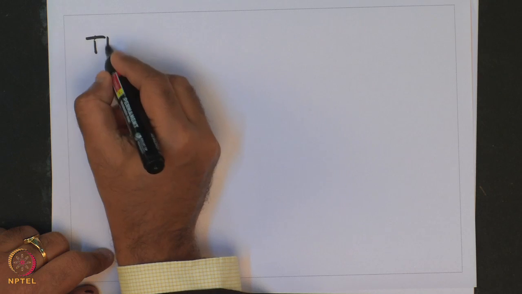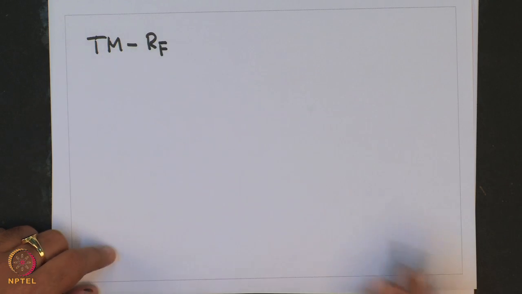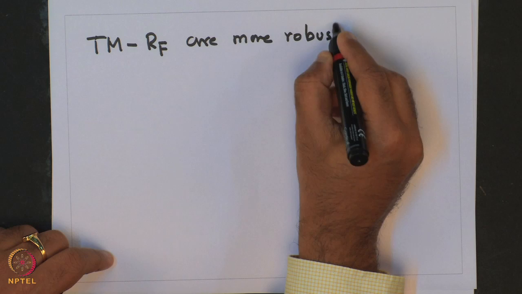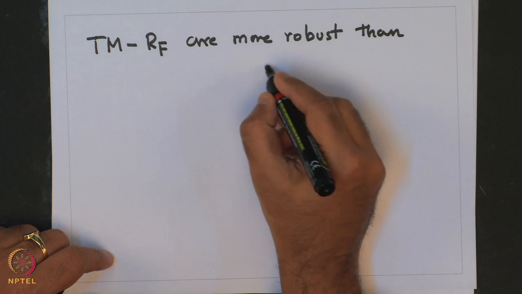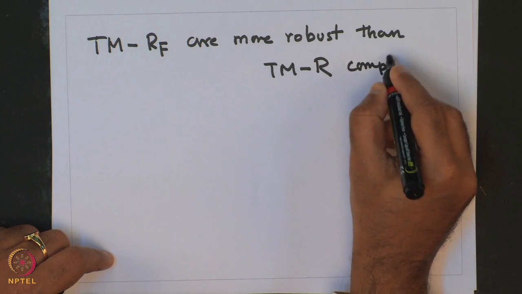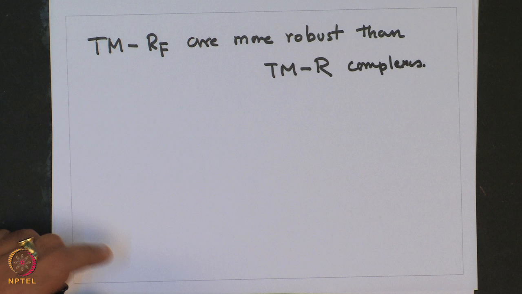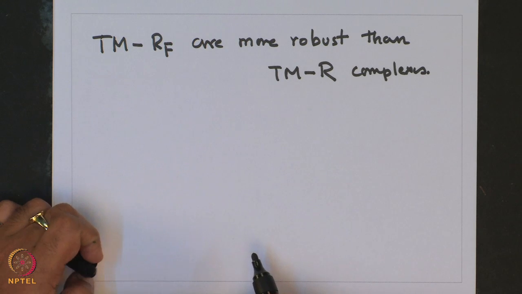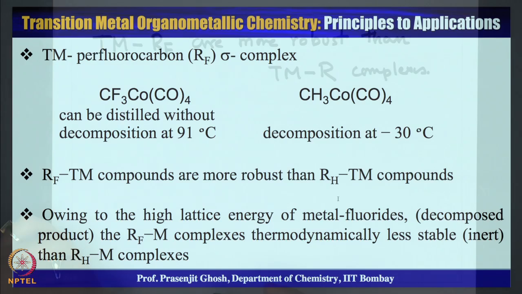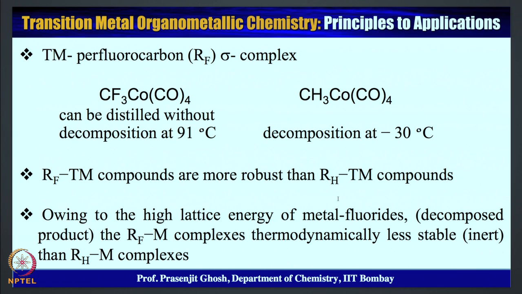Now, by comparing the two examples, what we had seen is that transition metal perfluoroalkyl complexes are more robust than transition metal sigma alkyl complexes, and the reason for this is interesting in the sense that because of the high lattice energy of metal fluorides, it may seem that transition metal perfluoroalkyl complexes are less stable.